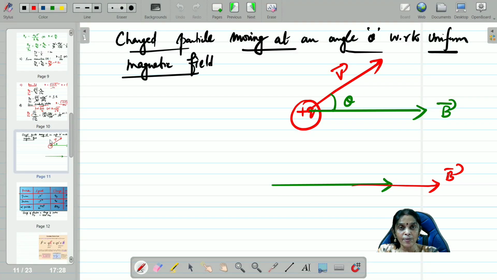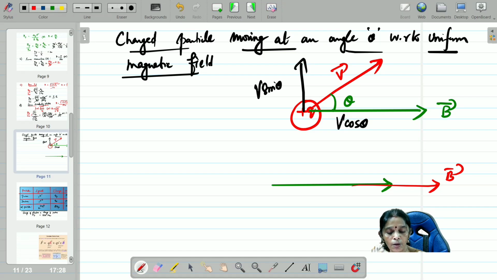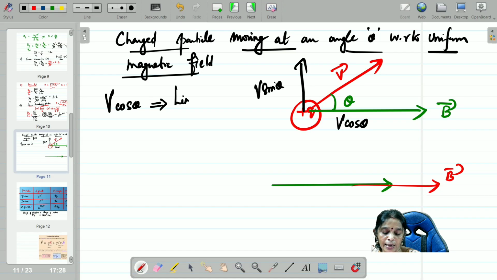Now coming back here, resolve the velocity into two components: the v cos theta component and the v sin theta component. The v cos theta component gives only a linear path because it does not experience any force.